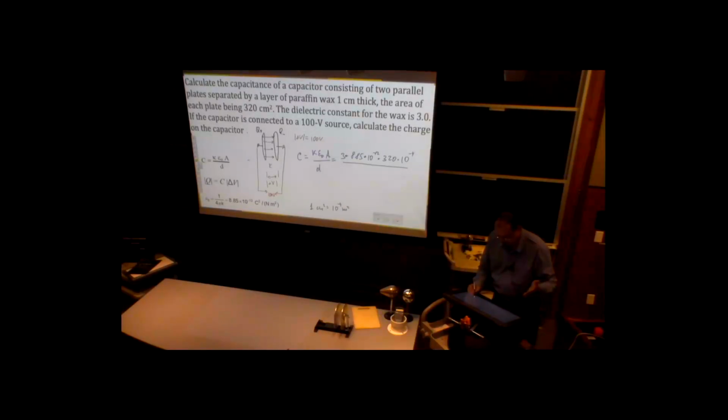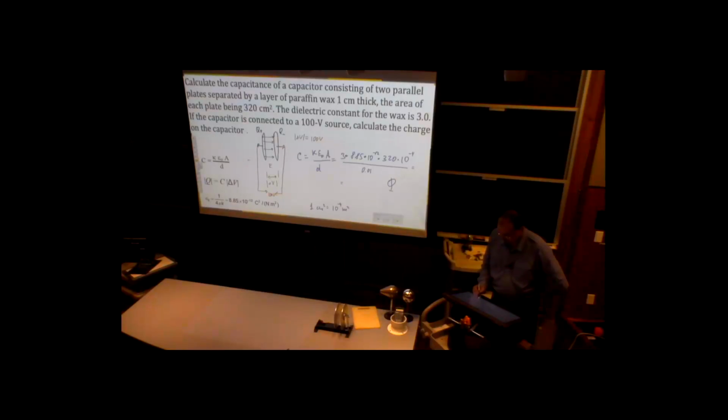So the distance between the plates is 1 centimeter, or 0.01 of a meter. So now we need to calculate this number. If you work out the units very carefully, you will get a meter, which is weird, which is why we don't call a unit of capacitance meters, we call it farads.